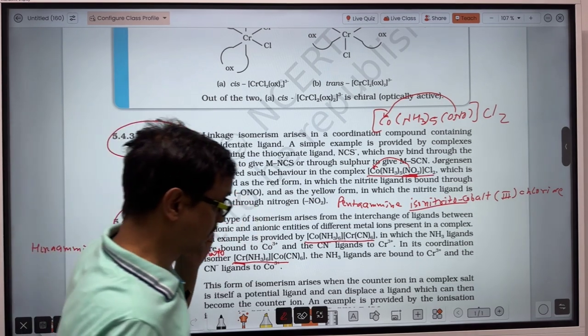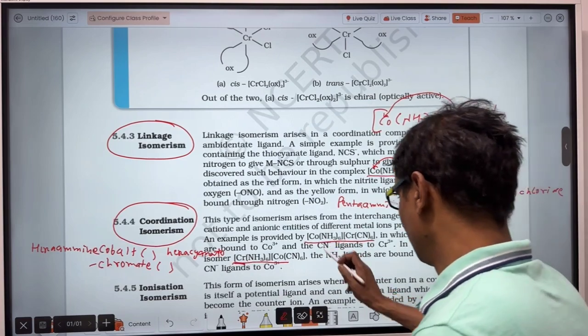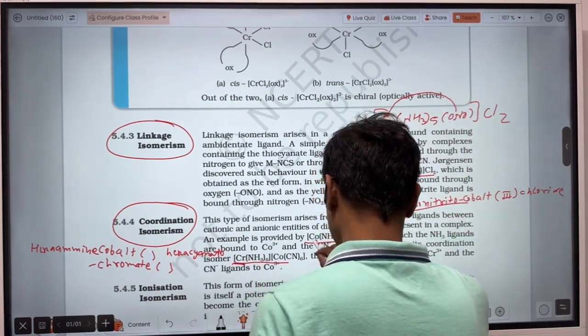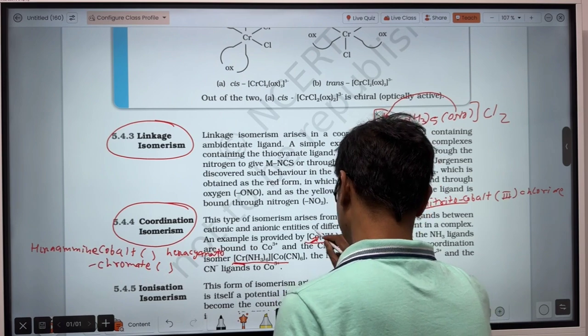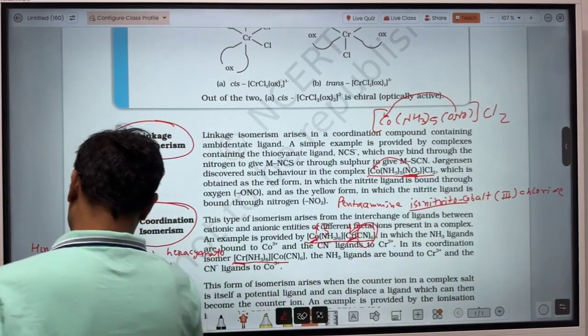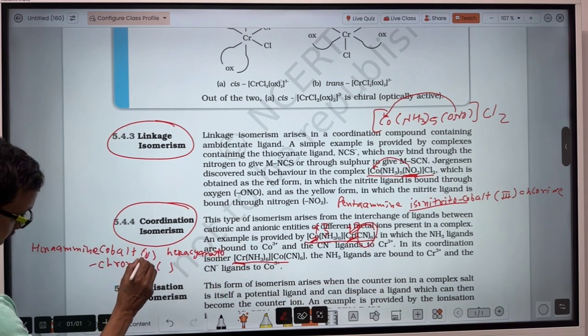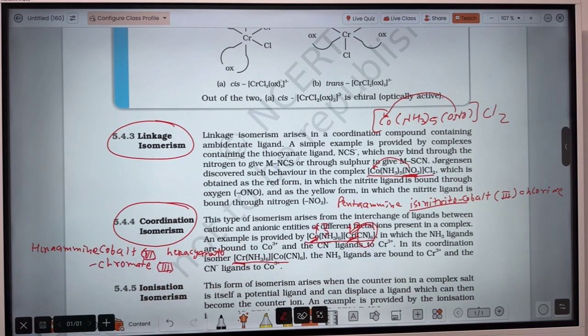Listen, in this case the oxidation number will be equally divided. So what will be the oxidation number of this cobalt? Same as the chromium. Here the charge is -6, so here +3 and here also +3. So the oxidation number of cobalt will be +3 and that of chromium will also be +3.